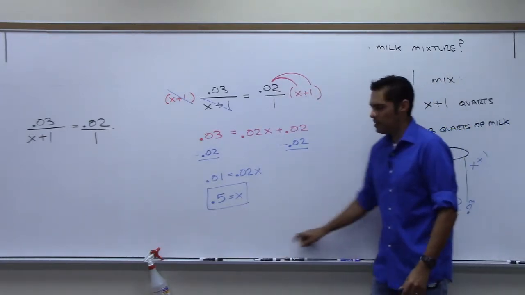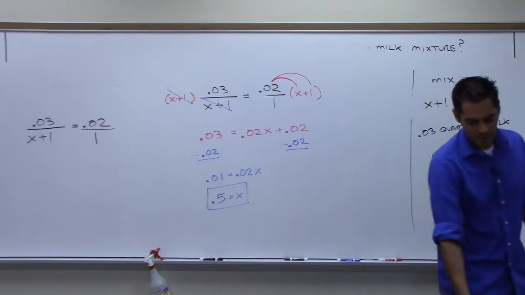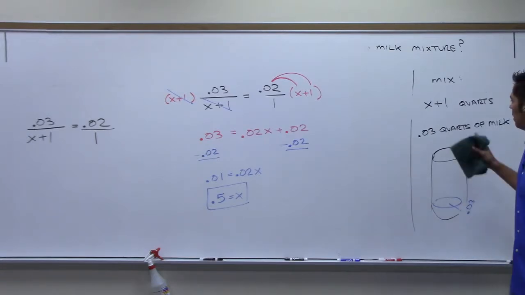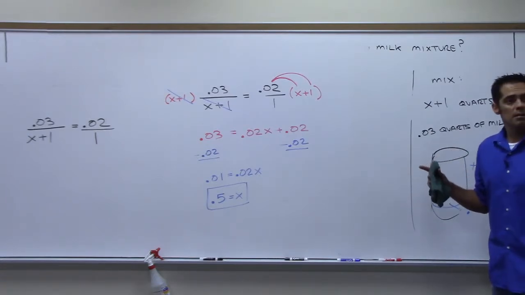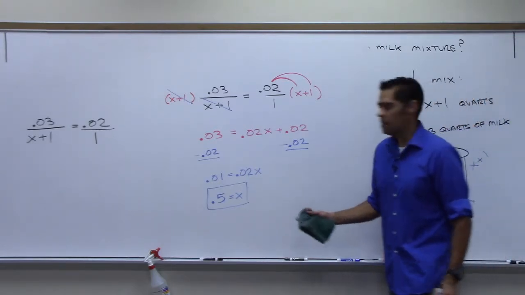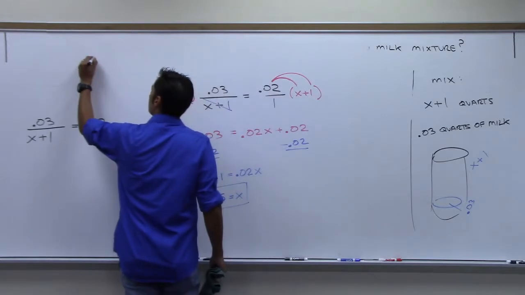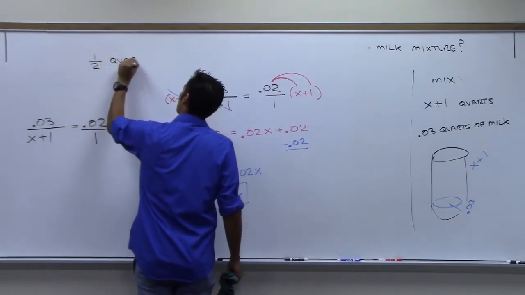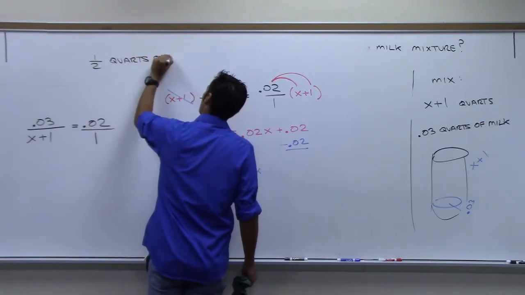So let's see if we can now interpret that answer. What does that represent? 0.5 what? That's how many quarts of water we're going to add, right? So 1/2, 0.5 quarts of water.